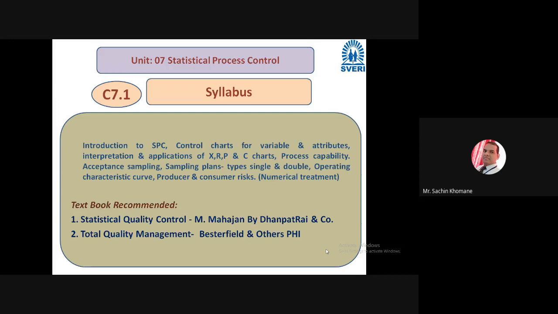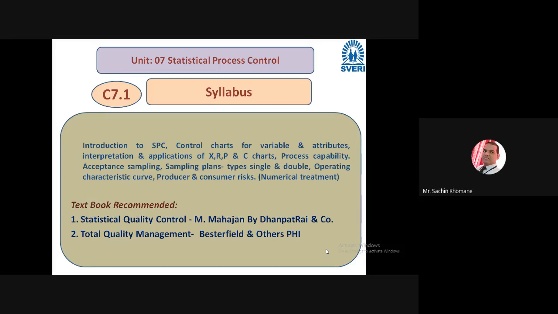That control chart concept we have seen. So we have to see various control charts. There are basically two types, variable and attribute type of control chart. We have to discuss in detail what is the meaning of variable and attribute type of control chart.